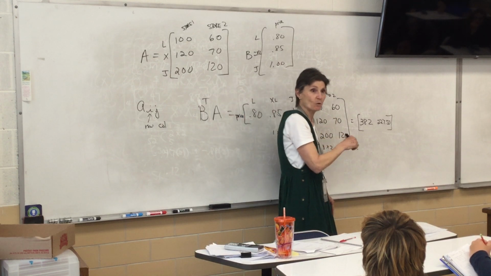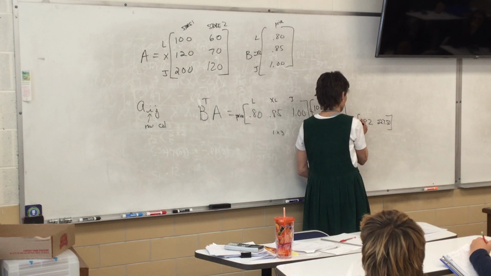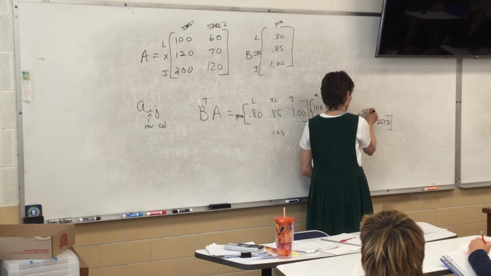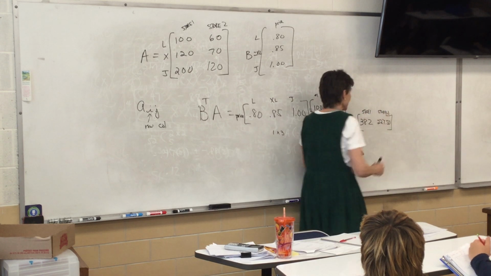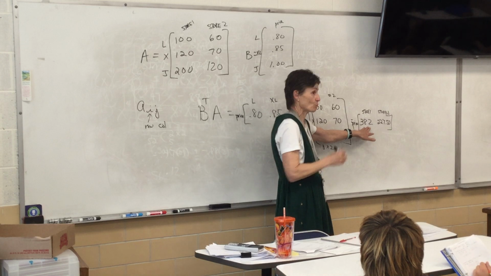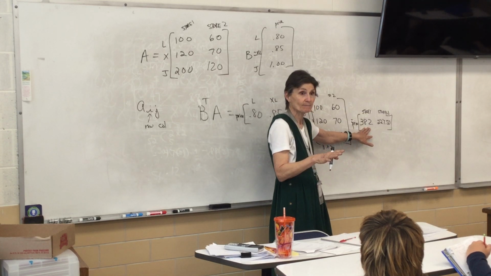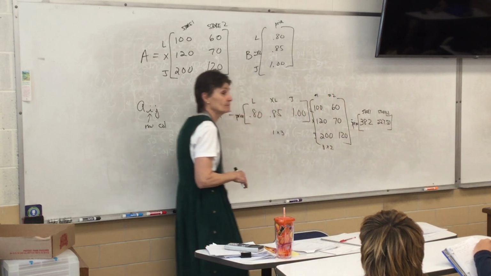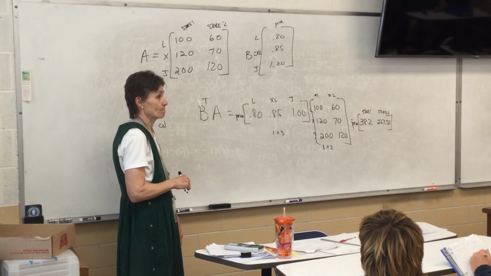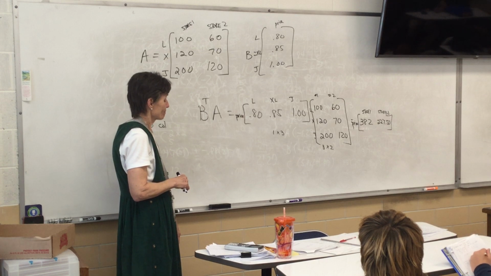So price by store. These are the prices for store 1 and store 2. And when I say price, what I mean is store 1 buys $382 worth of eggs, and store 2 buys $227.50. Awesome.